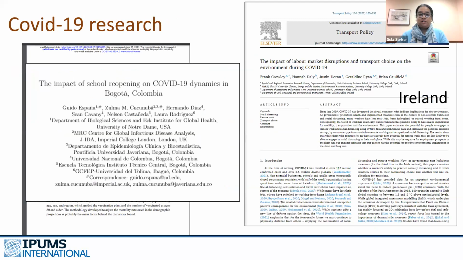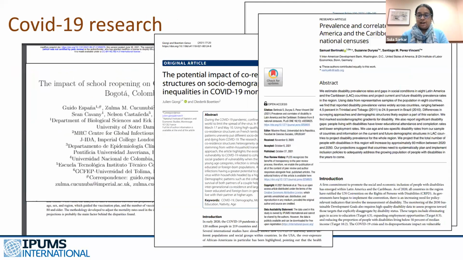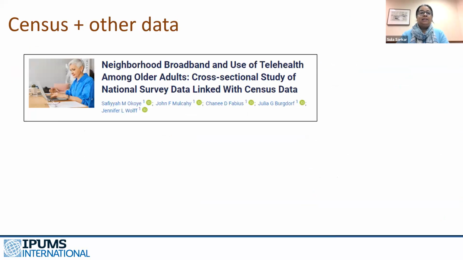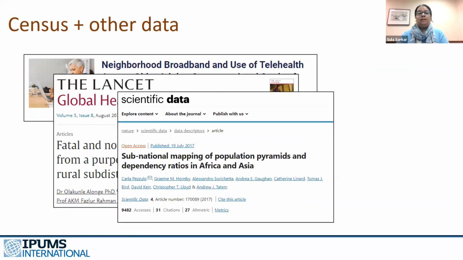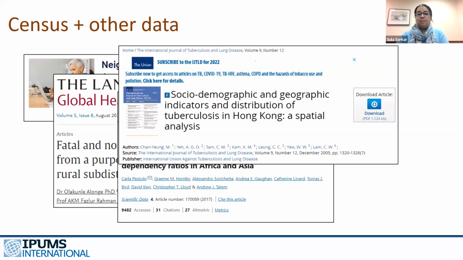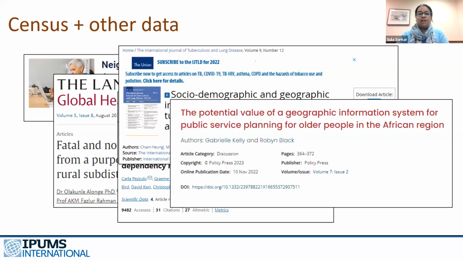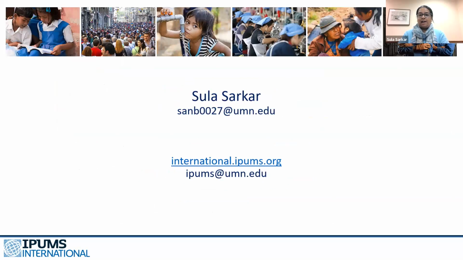Here are some research papers that I highlighted. And again, the other highlight is health research using census data as well as some other data, and some of the topics published and the research done. That is all I have for now.